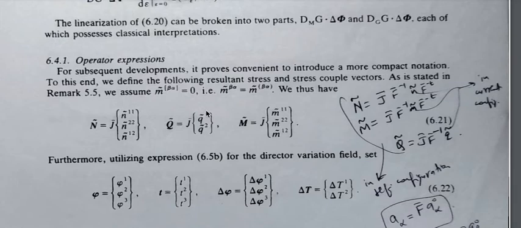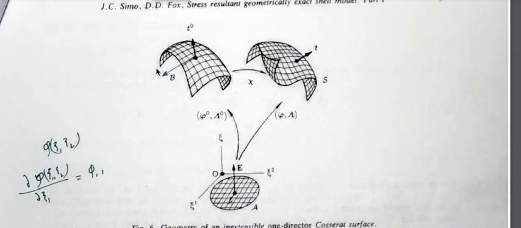Now as we know that for structural problems, it is easier to work in the reference configuration. So that is why all the stress resultants and moment resultants are actually pulled back into the reference frame, which is phi naught. Now if we look at this picture, we have an initial or undeformed shell configuration, and we have a deformed shell configuration.